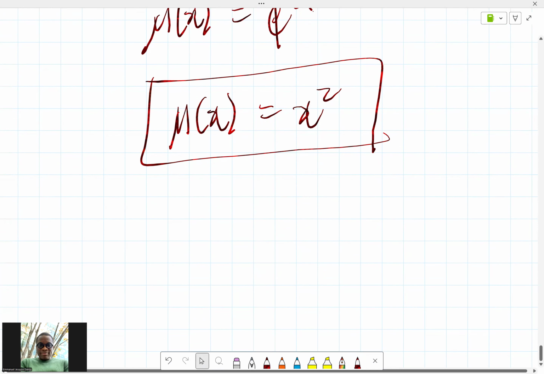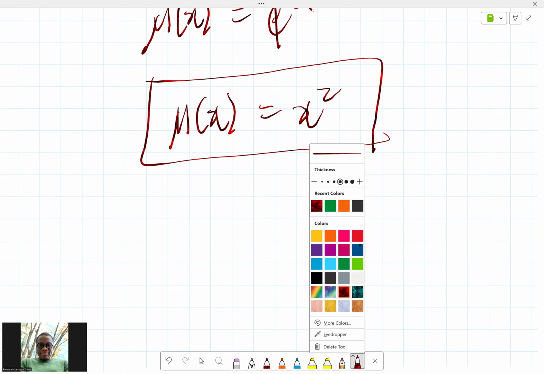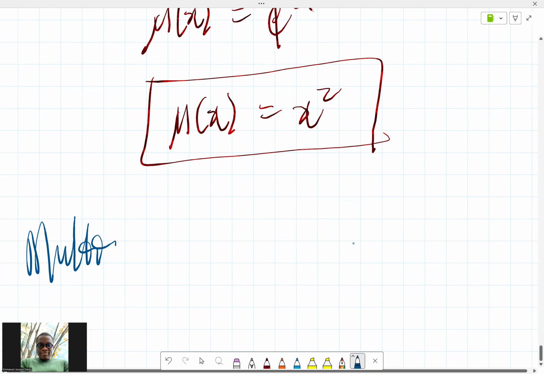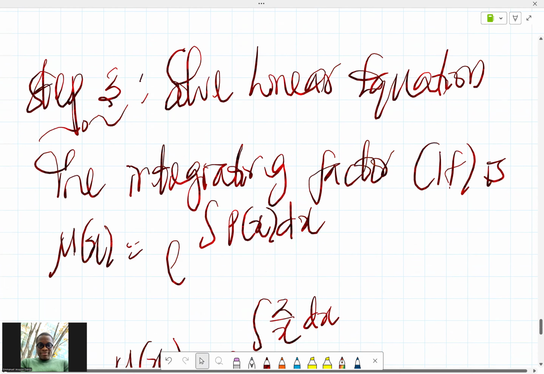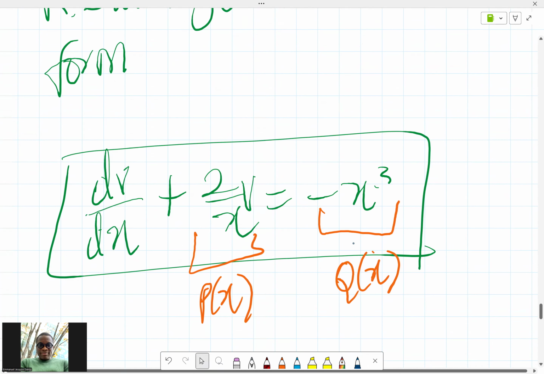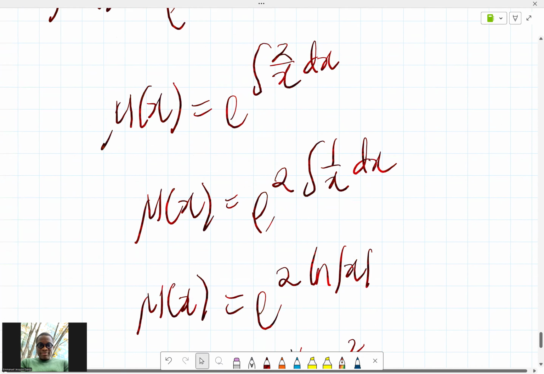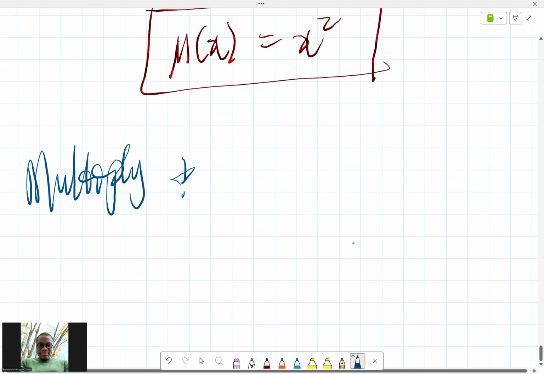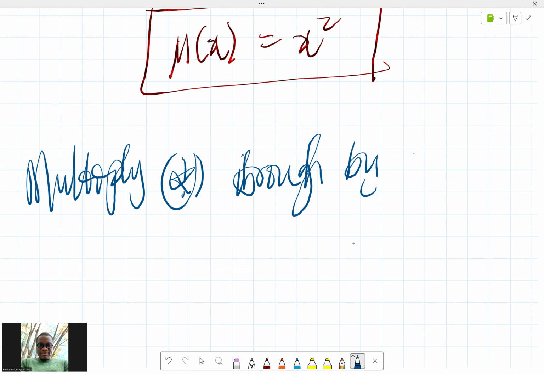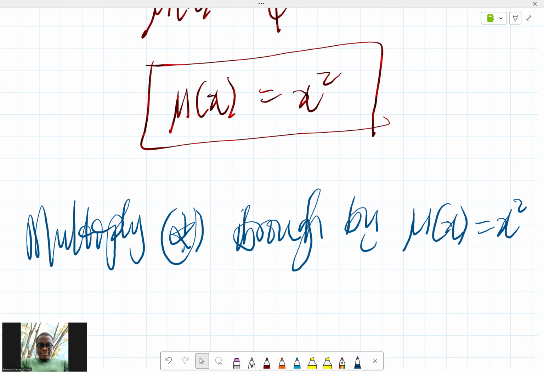So what we are doing next is to multiply through by the integrating factor. Let me call this star, for reference. Multiply equation star, that's our linear form, through by mu of x equals x squared. That is our integrating factor now.